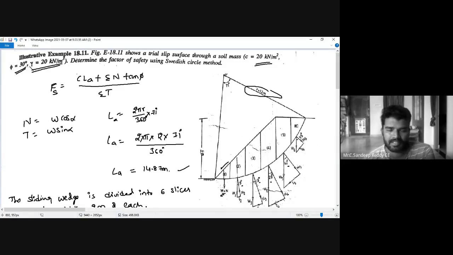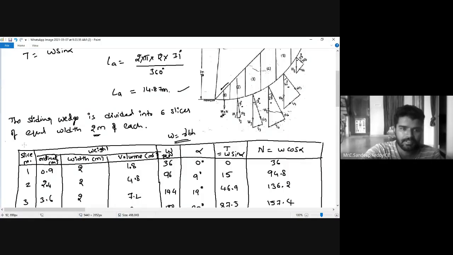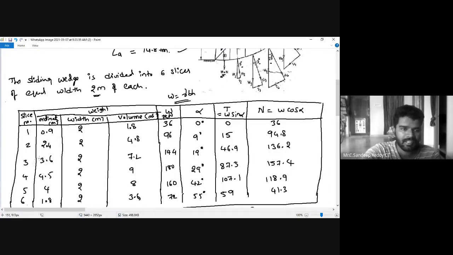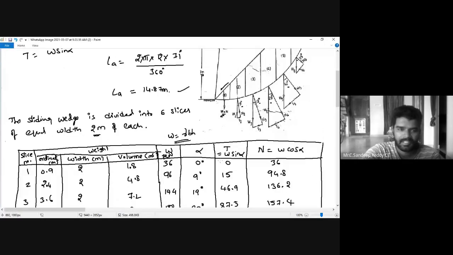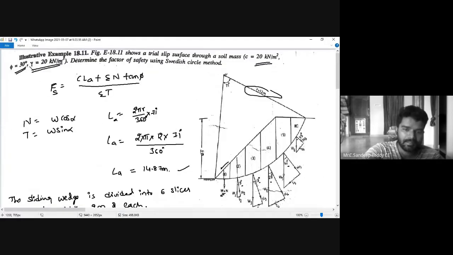There are some mathematical equations also to find out the average ordinate height. If possible, I'll give you that in the next class. Because here I've taken directly. So what is the ordinate height here? First slice is 0.9 and up to the sixth slice 1.8. I've taken it directly. To calculate the mid-ordinate height, there is a procedure available. You just go through it. Very simple formulas are available.